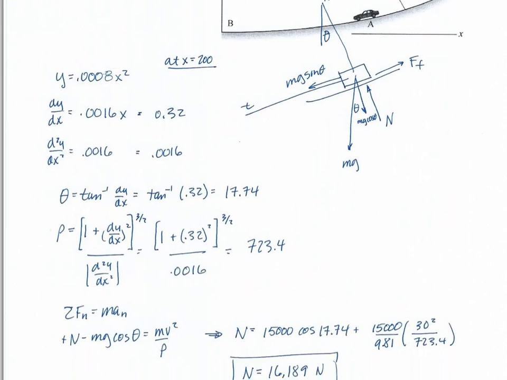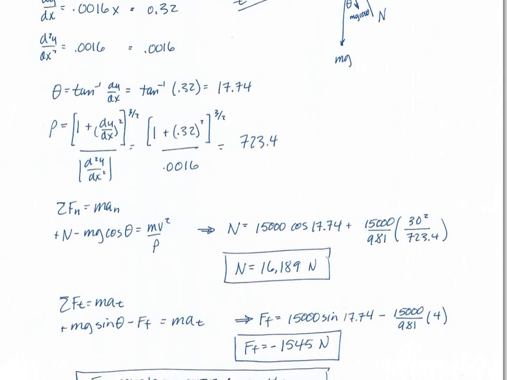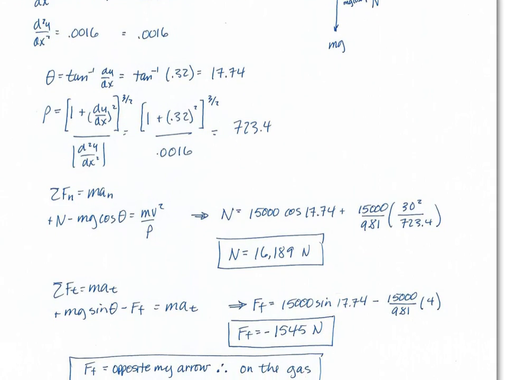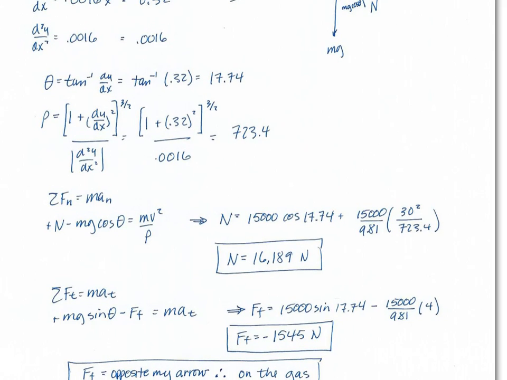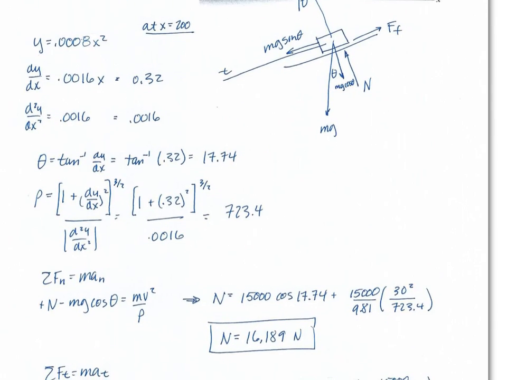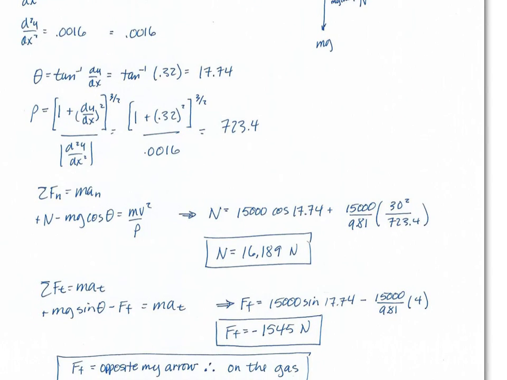Next thing we do is sum the forces in the normal direction and sum the forces in the tangential direction. So in the normal direction, again, recognizing positive normal points in toward the center of rotation. So normal is positive, which means that mg cosine theta is negative, and that's what I'm setting up here. Positive normal minus mg cosine theta is equal to mass times acceleration in the normal direction, which is mv squared over rho.